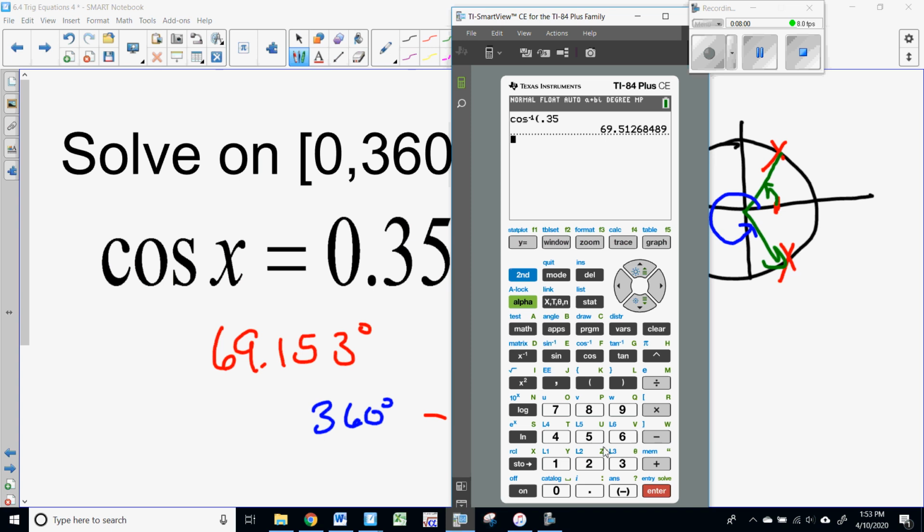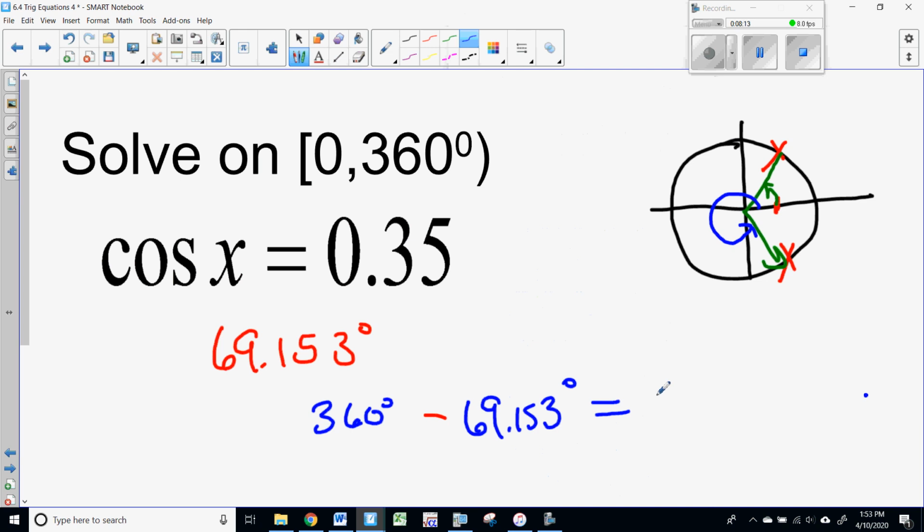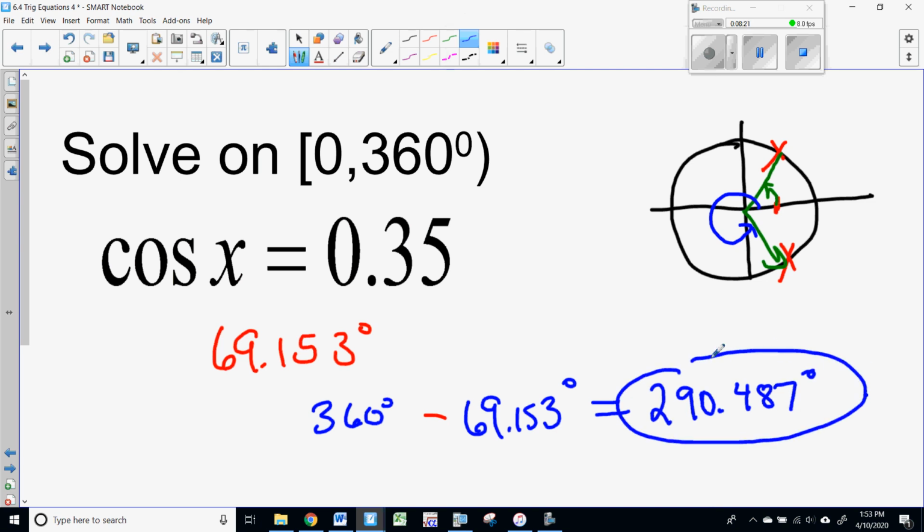So I can go back to my calculator and take 360 minus that angle, and I get 290.487. So now there are my two answers.